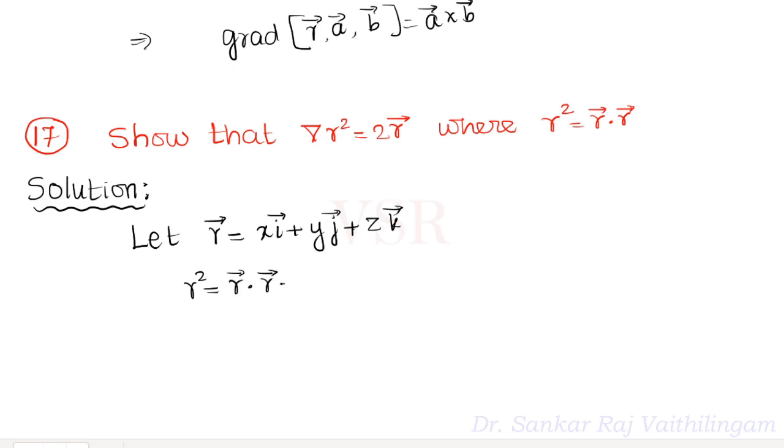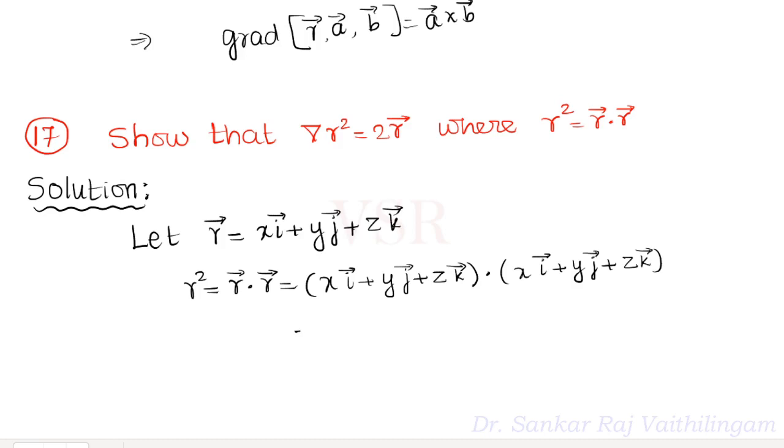So that is xi vector plus yj vector plus zk vector, dot product with the same xi vector plus yj vector plus zk vector.